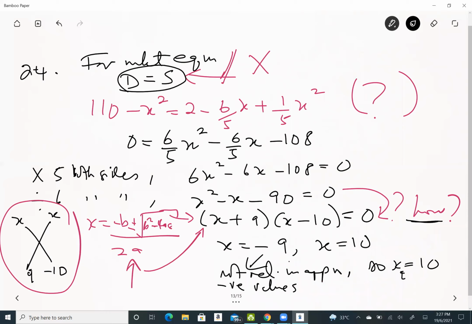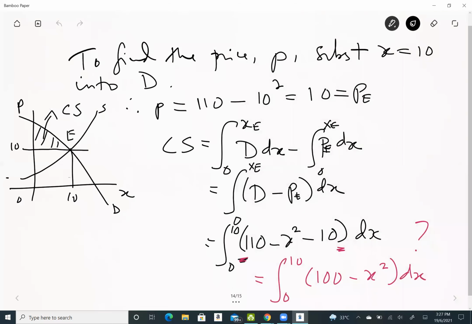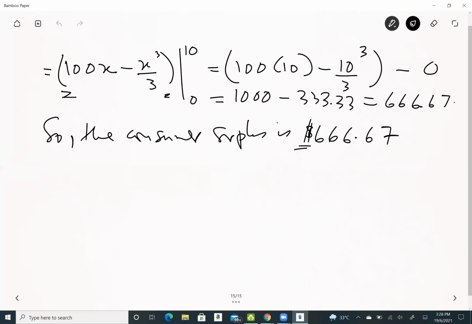You just show me this one, so what is it? And thirdly, people miss the bracket. If you miss the bracket, it doesn't mean anything, so you will not get full marks. I will deduct marks. So that would be question number 4.